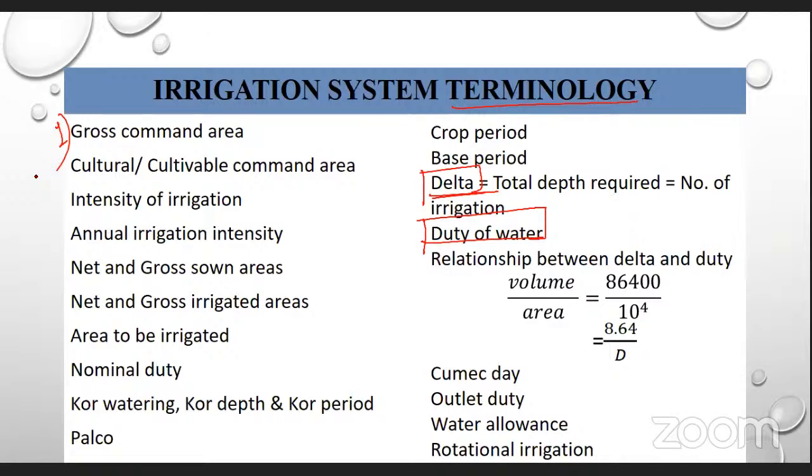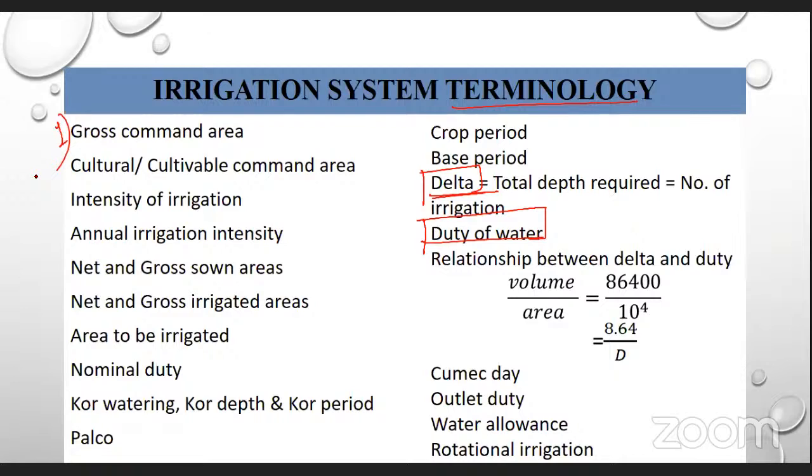Gross command area simply means the total area bounded within the irrigation boundary of a project, or in other words, the area which can be economically irrigated without considering the limitation of the quantity of available water. That means here we are not focusing on how much available water there is.